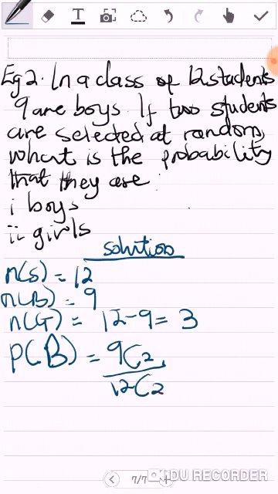We are still selecting 2. So you have to get this to be 6 over 11.